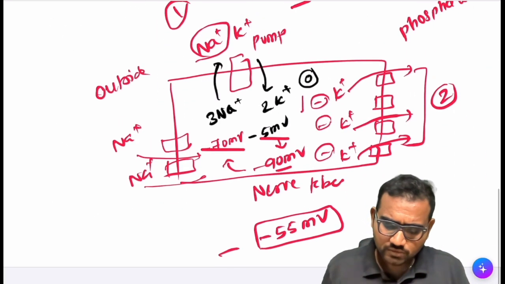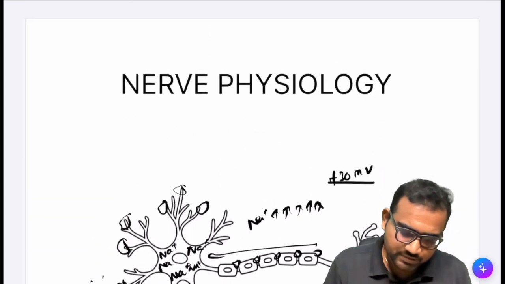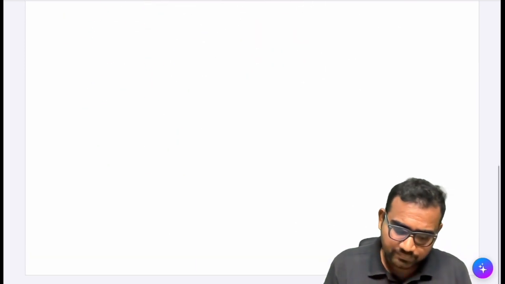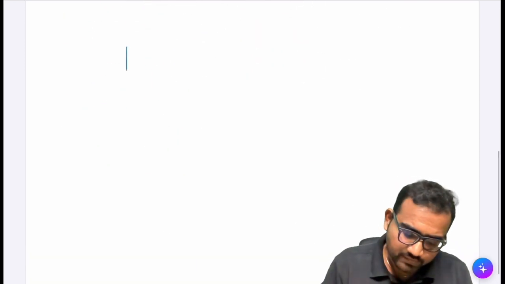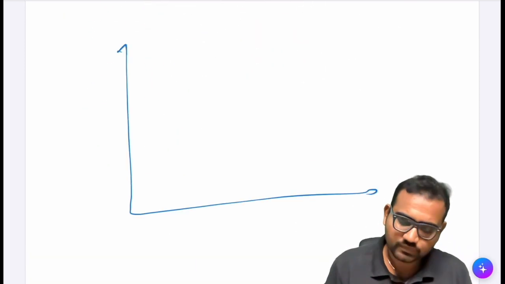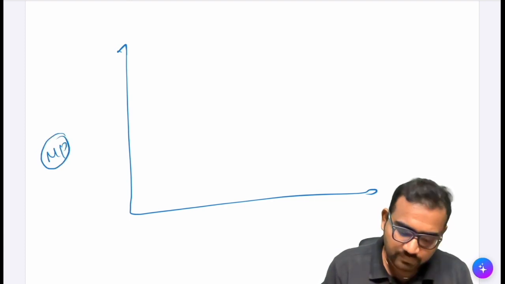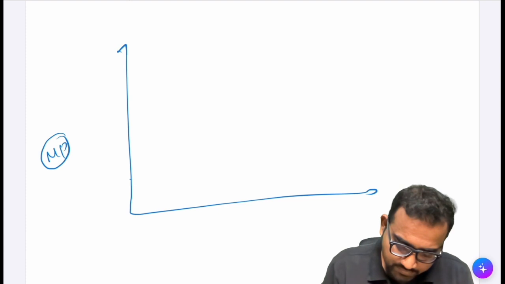Say for example, I'm just drawing a graph where the nerve is getting stimulated. This is the membrane potential of a nerve.